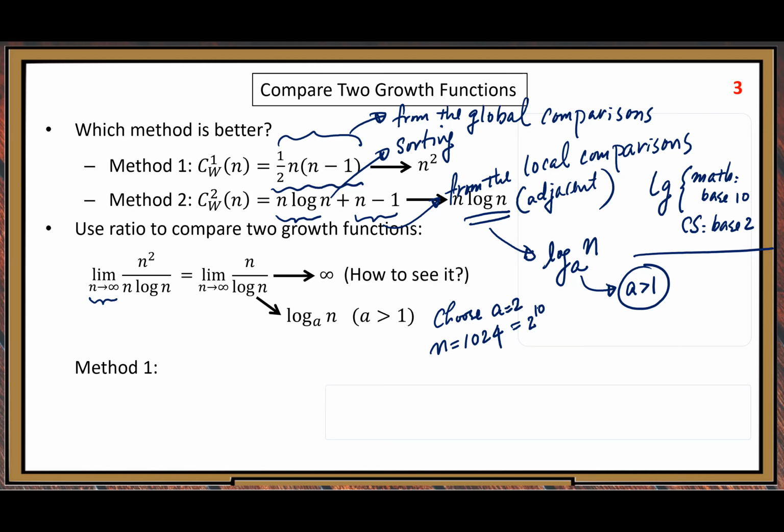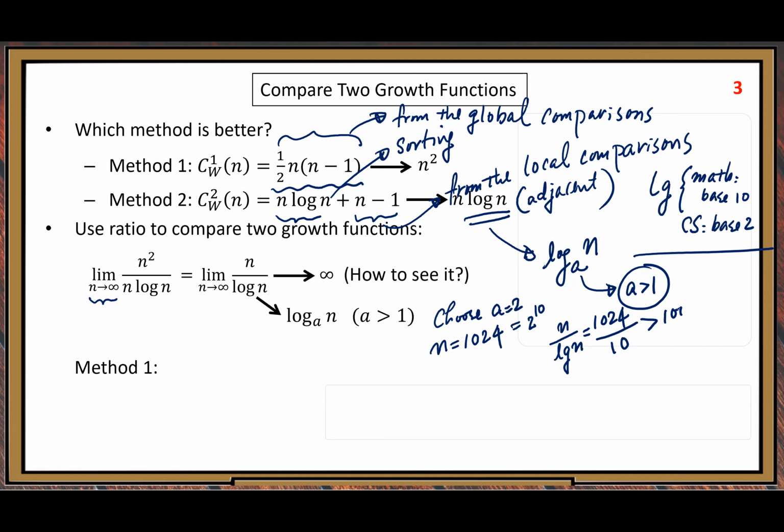Then this function ratio, n over log base 2 of n, we get 1024 over 10, right? Over 100, greater than 100.